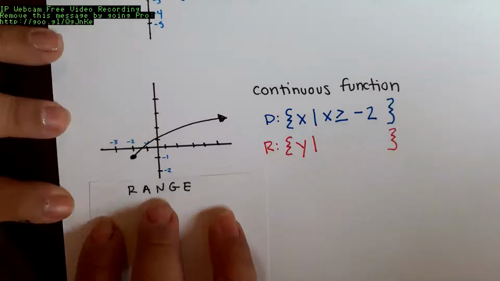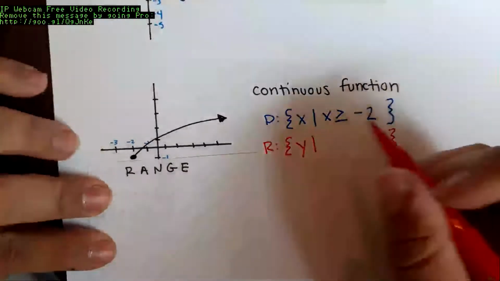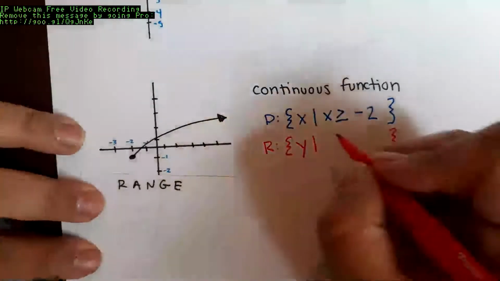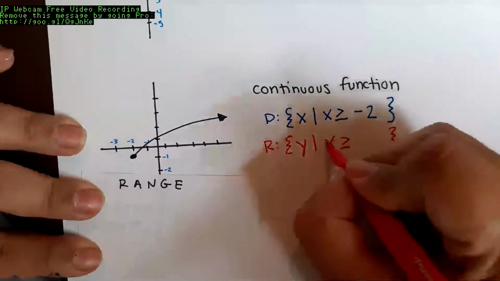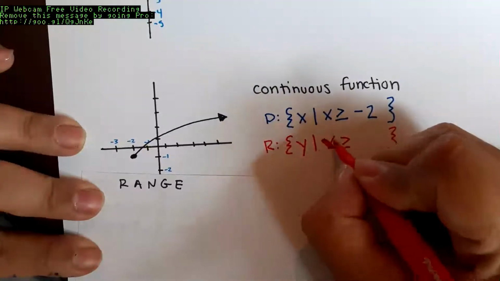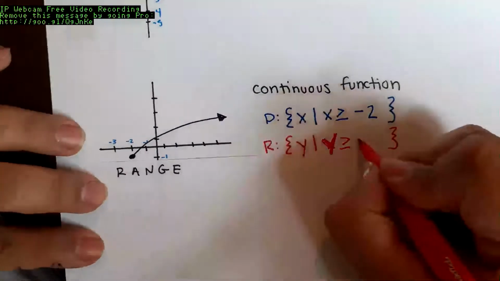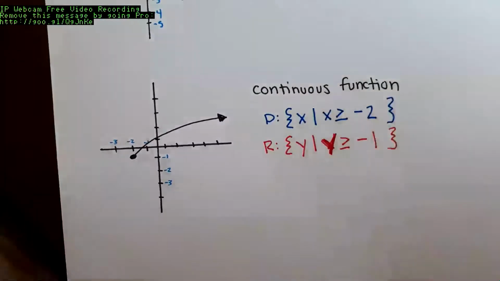Working up, I see my range starts at -1. And the same thing, it's going to go on forever because of that arrow. So I'm going to put y is greater than or equal to -1. And that is set notation.